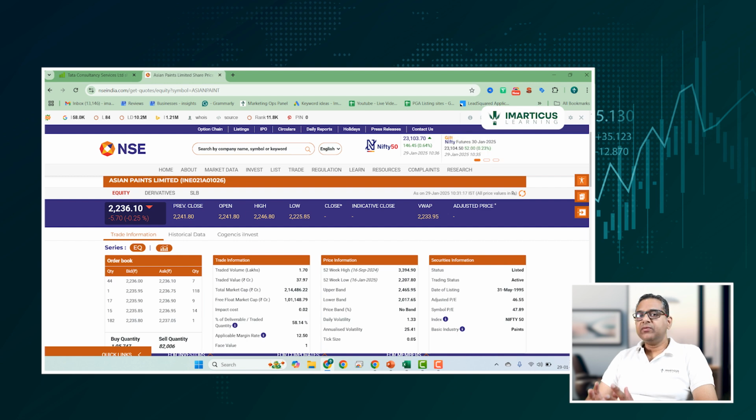Only then will we be able to decide according to us whether this is worth the price or not. So that means we will do our own valuation. There could be different valuation techniques which we will apply, and then we will come out with a particular value.